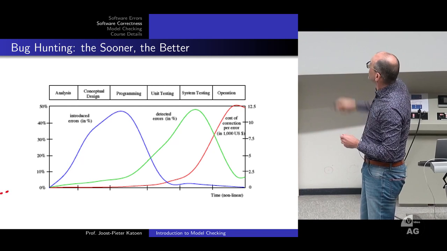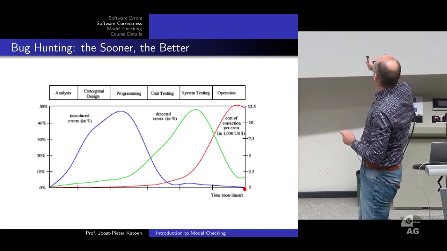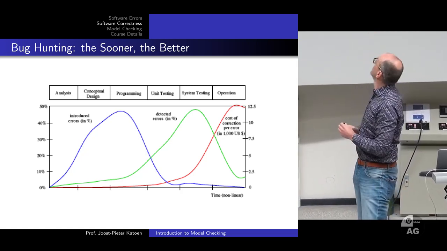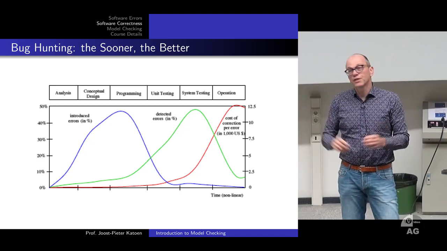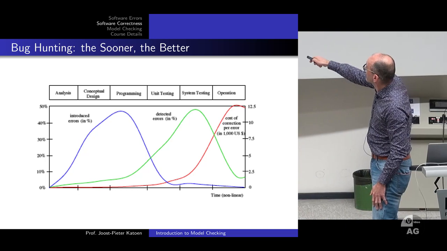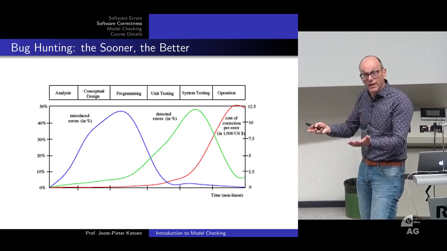And then the red curve is now we have to look at this y-axis. This is the cost of correction: one single error in the unit is $1,000. So if you find an error here, it's relatively cheap, close to zero, to repair the error.